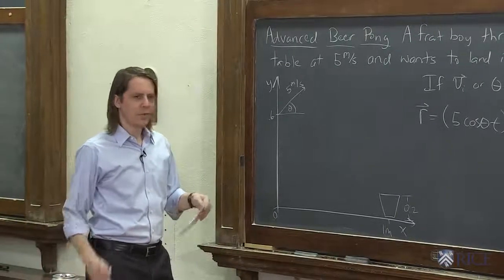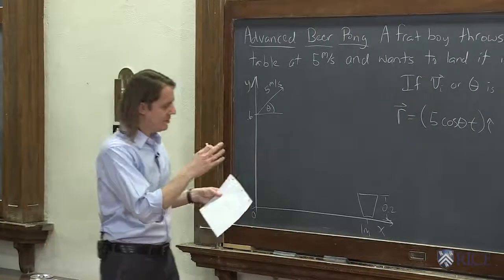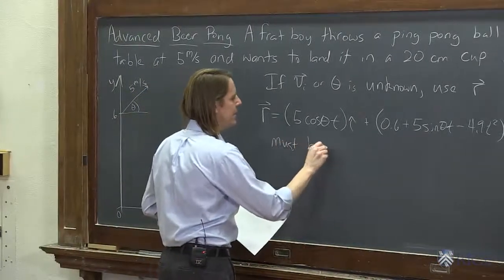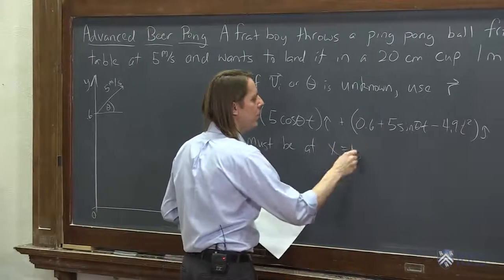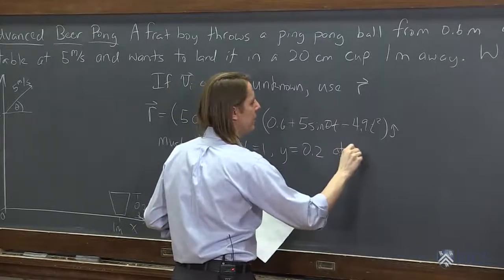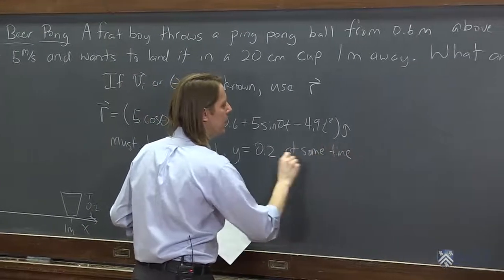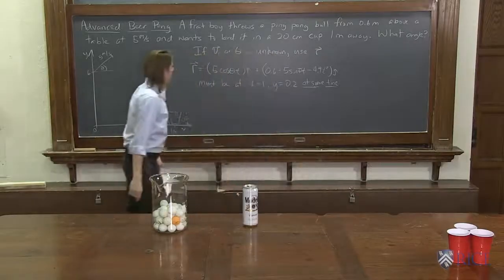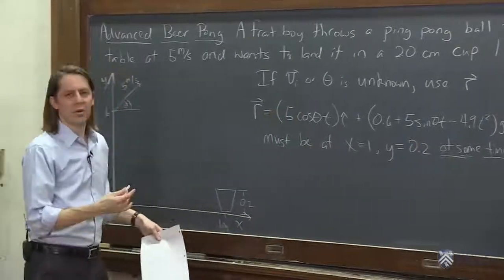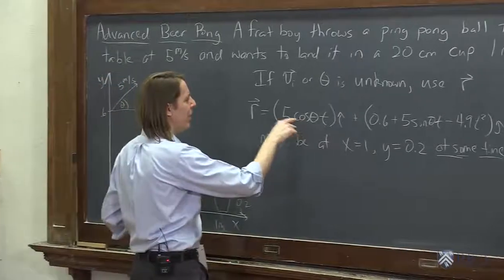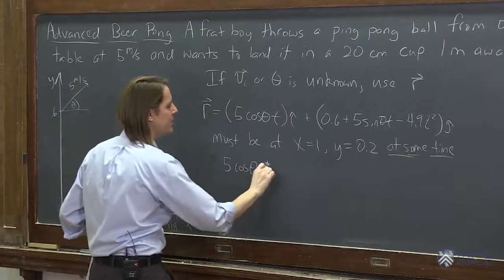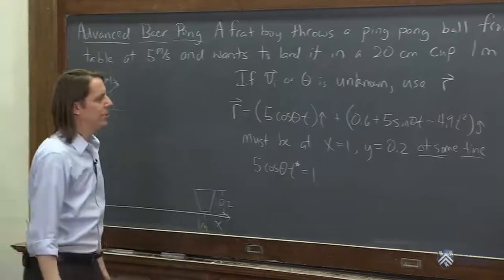All right. So now what you can do when you have something like this is you can say it must be at x equals 1, y equals 0.2 at some time. So we just have to solve these in this case, and I'll probably call it t star since it's a specific time. So 5 cosine theta t star has to be equal to 1 meter.